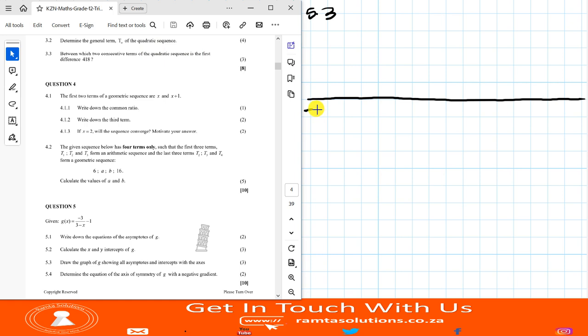Minus 4 is not even necessary, but it's fine. Minus 4, minus 2, and this must be 0. So this is 2. No, not that. I jumped a space. So this is 2, 4, 6, 8, and so on.